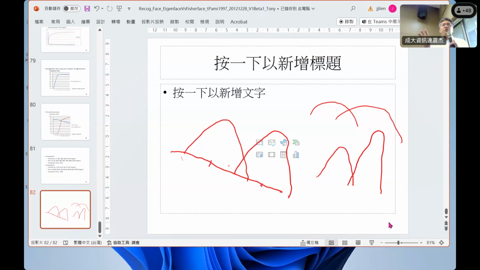Between two distributions, we want them as far away as possible, meaning between the two mean values. Within means each one's standard deviation should be as small as possible. Okay, so that's the purpose.